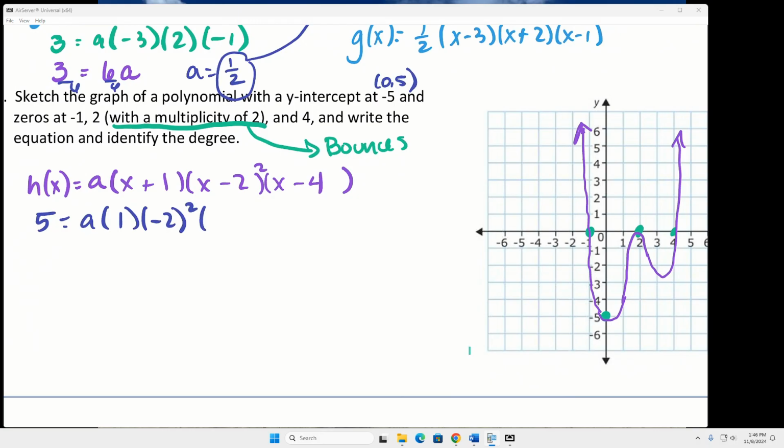Don't forget that square on the one that has a -2. Oh, I messed up.